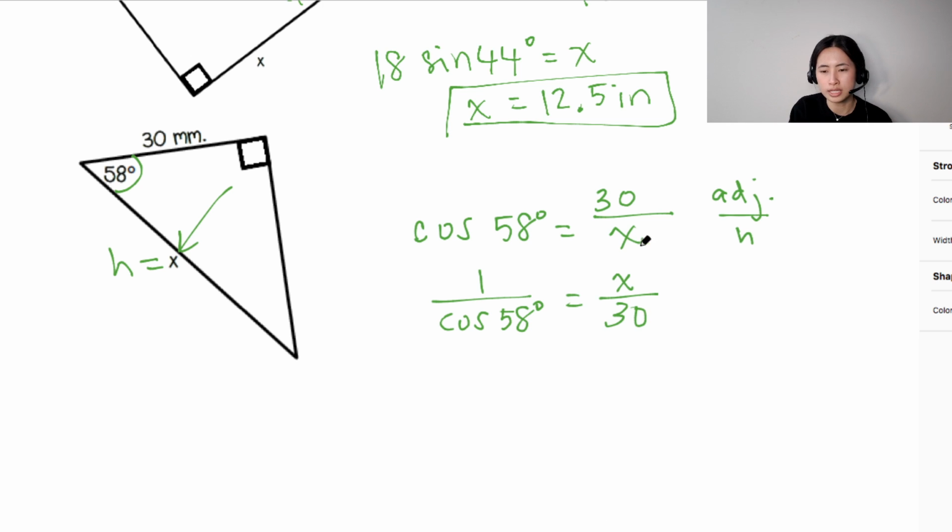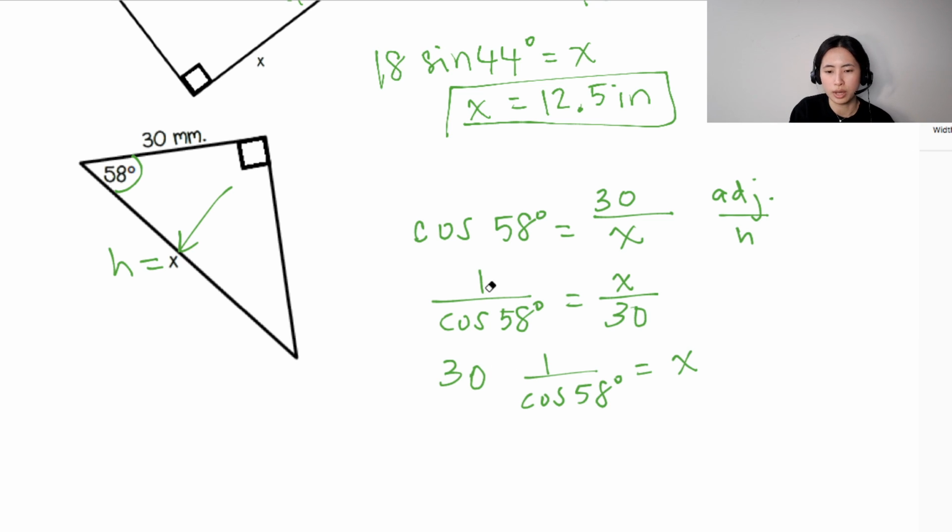Does that make sense? So once I know that this x is existing in my numerator, I can easily multiply or cross multiply 30 times 1 over cosine 58 degrees. So that would be 30 times 1 over cosine 58 degrees, and now this is equal to x.